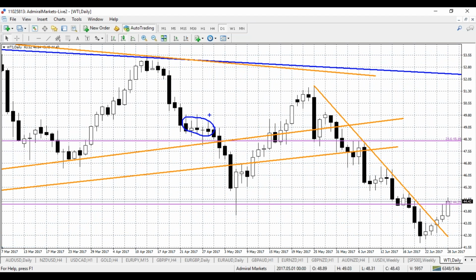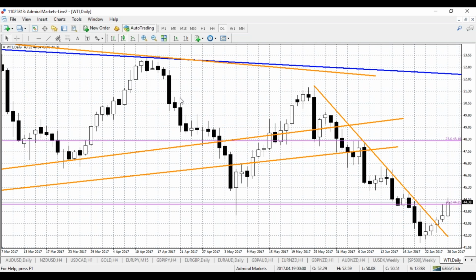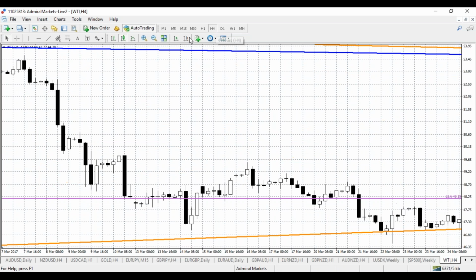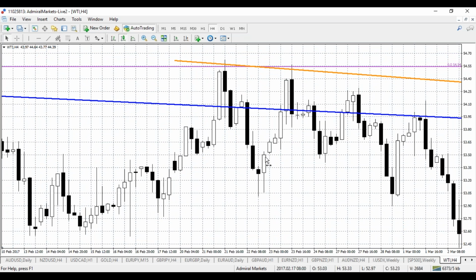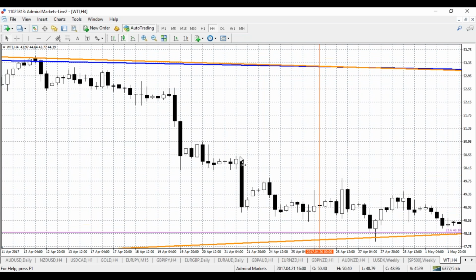So yeah, it's a bit of a mix maybe. But I see your point though. Don't get me wrong. Let's take a look at this on lower time frames. If I can find it here. There we go.